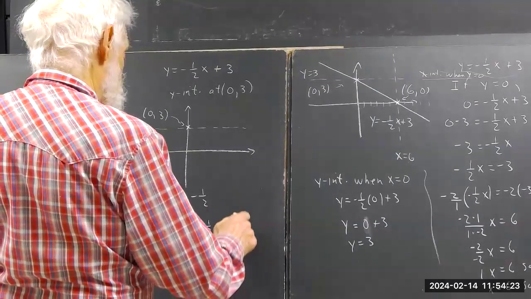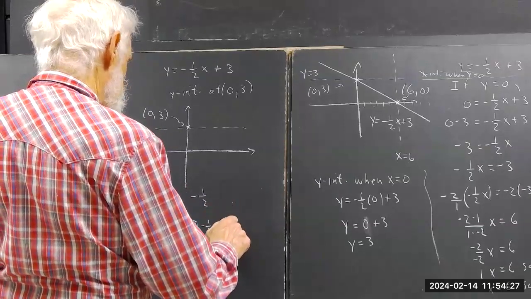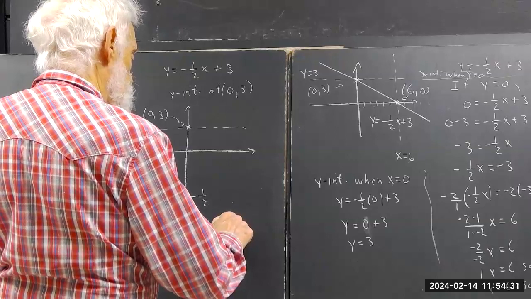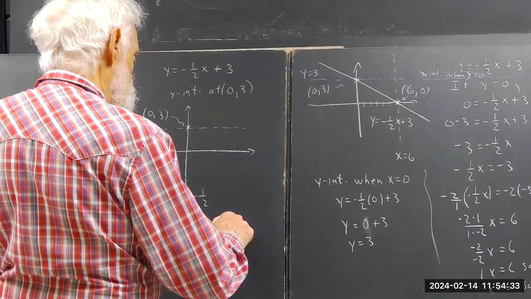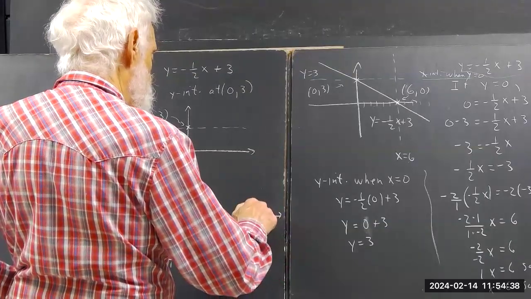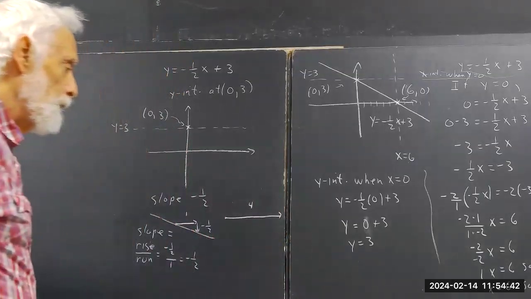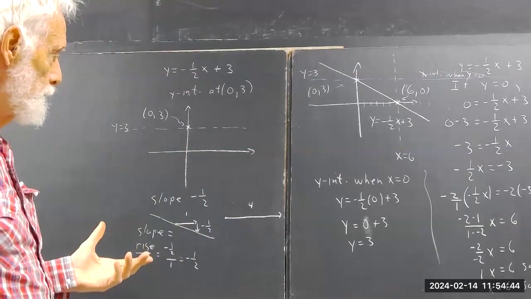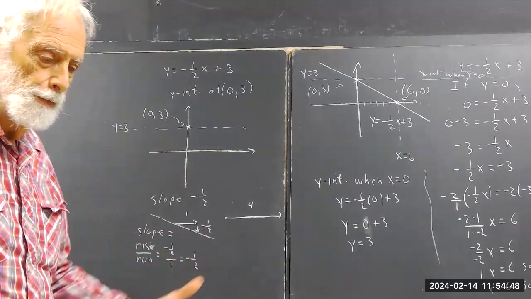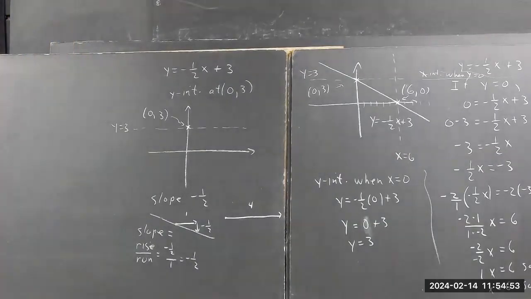Now, what if I wanted to do a slope of -1/2 by moving over 4 units? Then how far up or down would I have to move in order to have a triangle whose rise divided by run is -1/2?